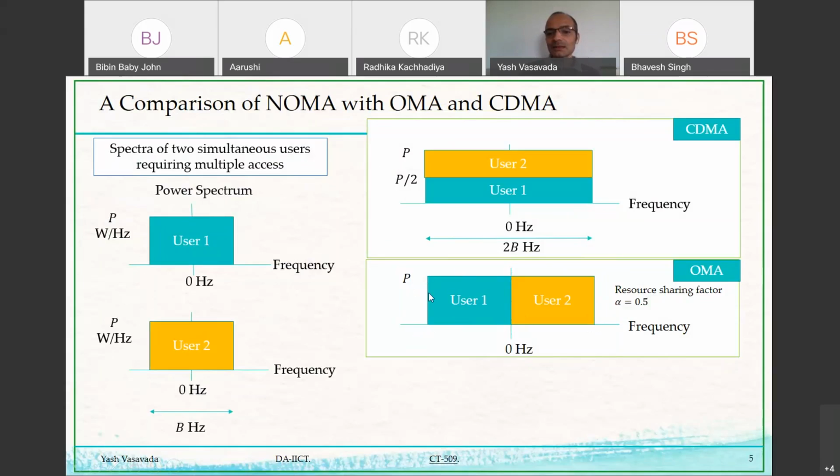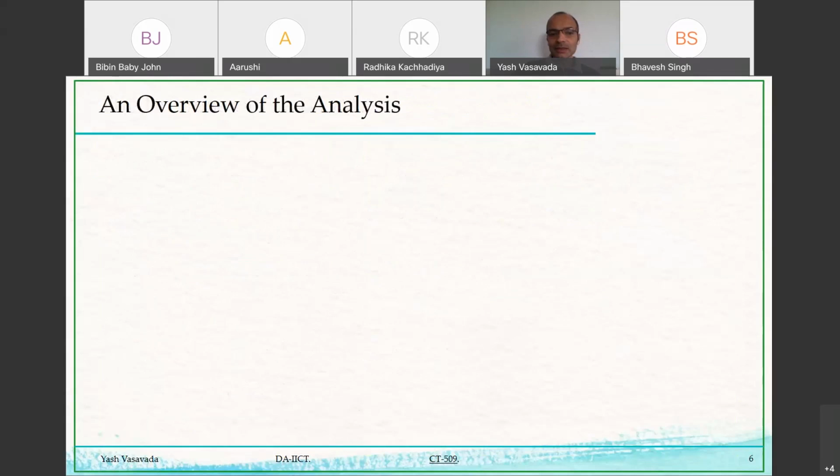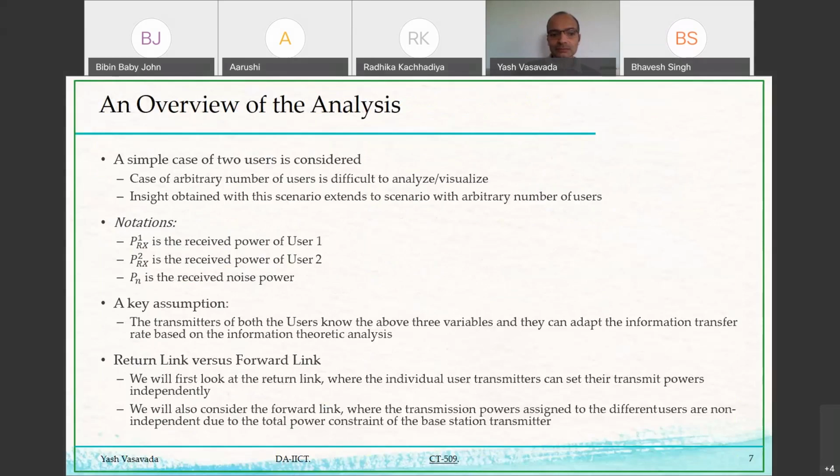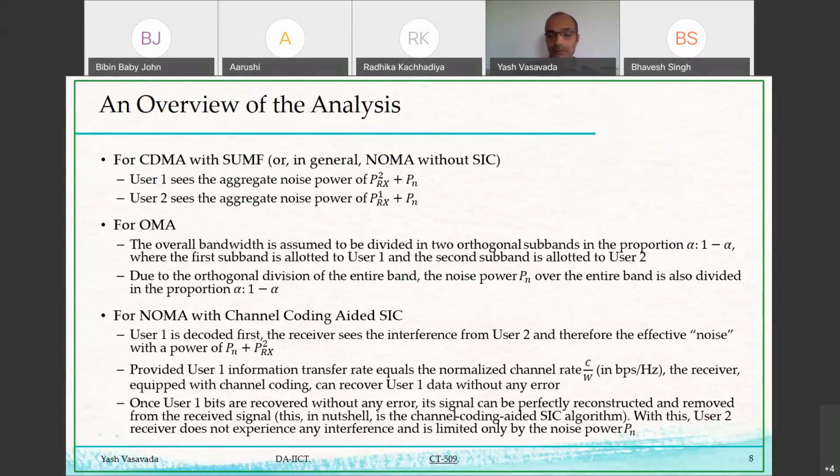So you can see that the power as seen by user 1 is going to be only half of the total noise power. That is the case because alpha is 0.5. If alpha was 0.25, then user 1 will see only 1/4 of the total noise power, and so on. So that is the statement that we are making here: the noise power in the OMA is going to be divided in the same proportion as the bandwidth is.